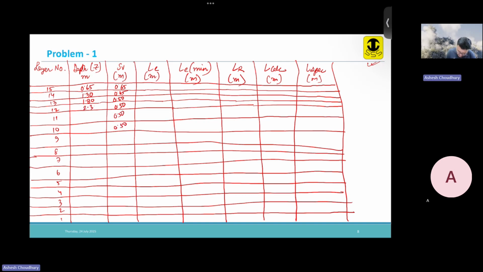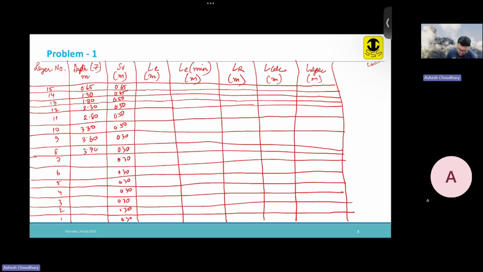This will be 2.30, 2.80, 2.30. Then everything is 0.30: 1, 2, 3, 4, 5, 6, 7, 8, 9. So 9 layers of 0.30.